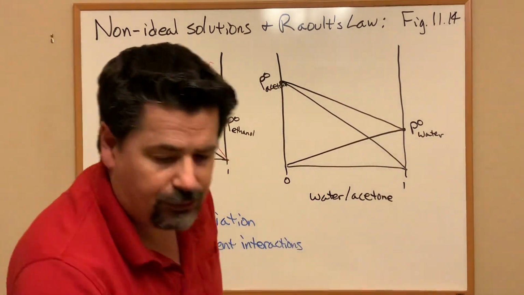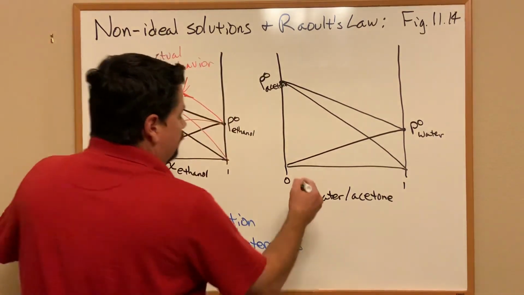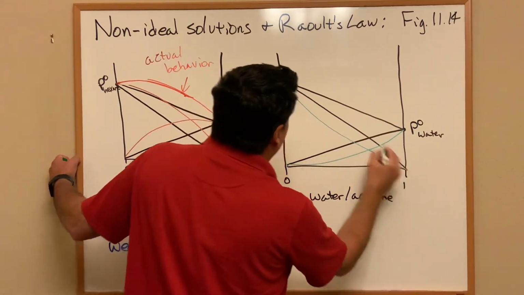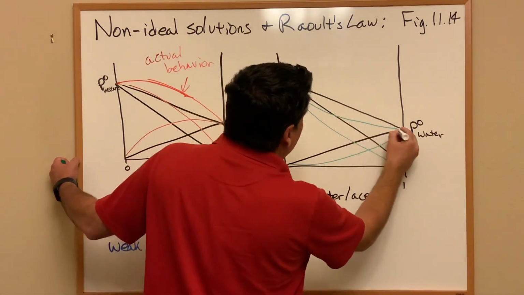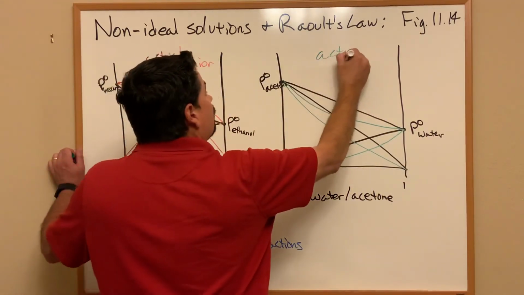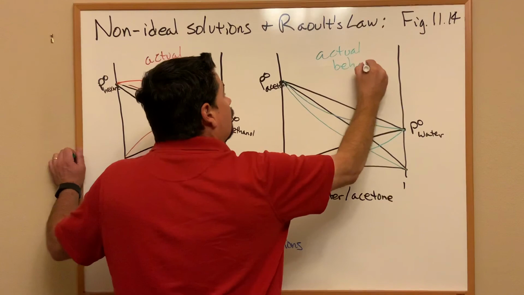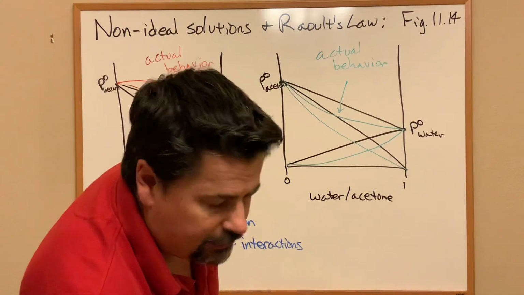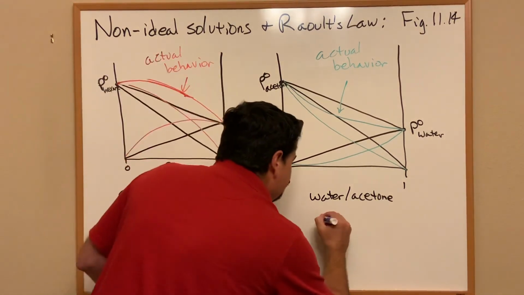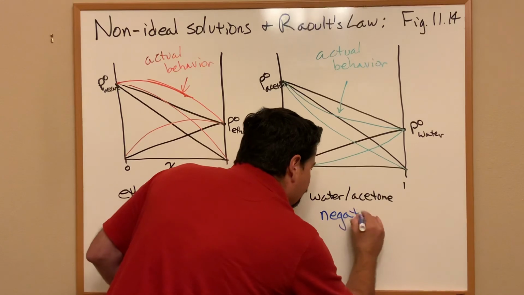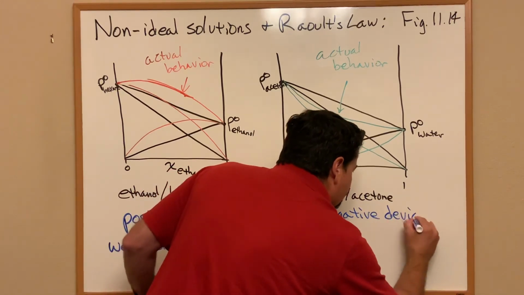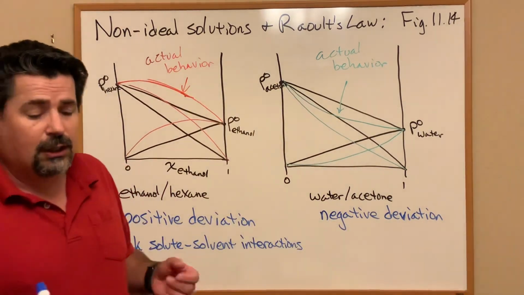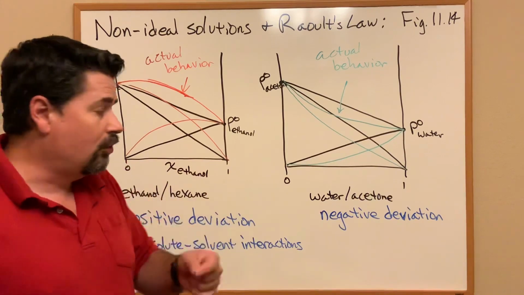And in actuality, what we get is a lower pressure than expected. And that's a negative deviation. A negative deviation from Raoult's law. And here we have strong solute-solvent interaction.